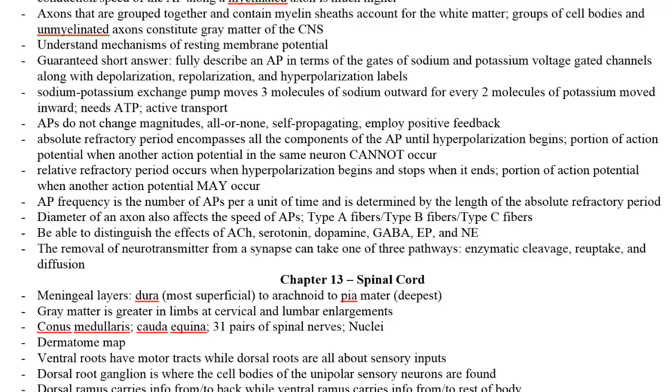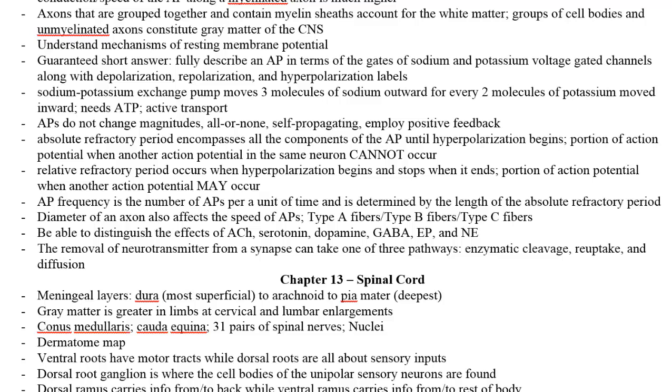The absolute refractory period will be part of the action potential up until the point at which the action potential has decreased enough to go back below the resting membrane potential, which is the point at which hyperpolarization begins. Now, once we're under the resting membrane potential, when the potassium gates have closed and we've sunk a little too far negative, during that period of hyperpolarization, then we can have another action potential, but it takes more of a stimulus for that action potential to initiate.